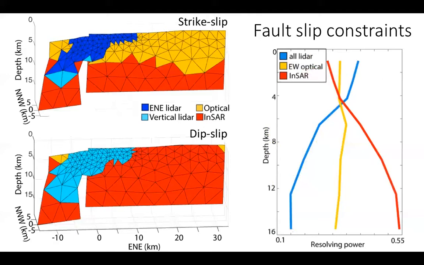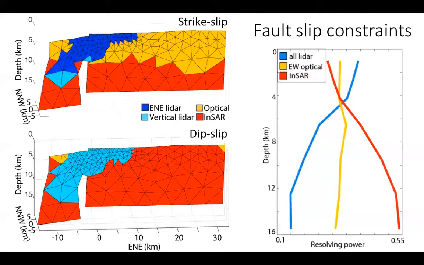And so for here, these blue patches are constrained most by the horizontal Lidar data. The Lidar blue are constrained by the vertical Lidar data, the yellow by the optical, and the red by the INSAR. So what we see is that in the area of Lidar coverage, Lidar data exerts the dominant influence.